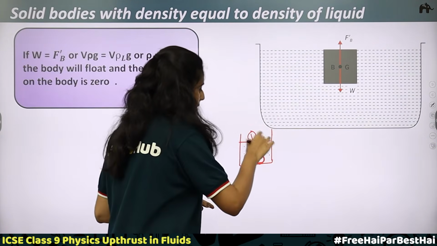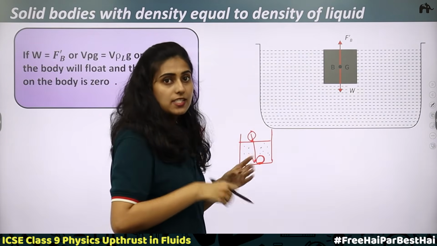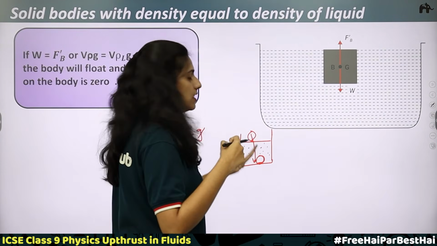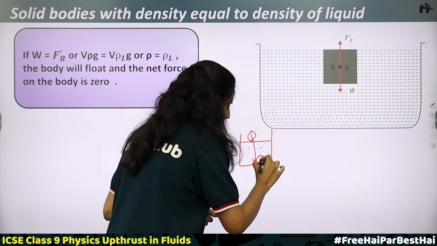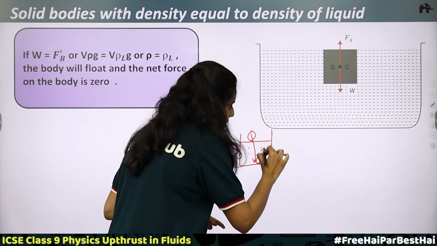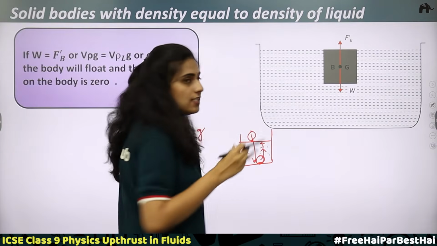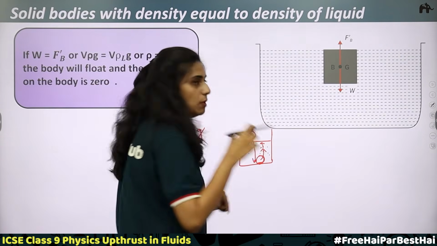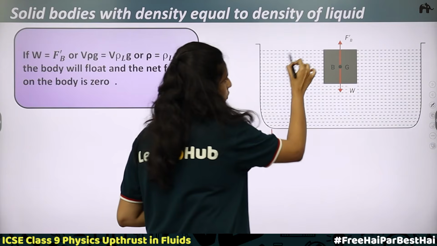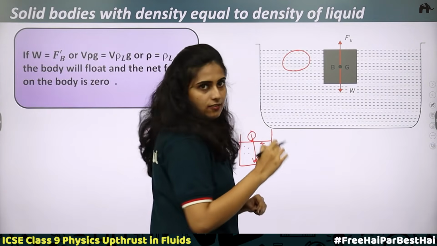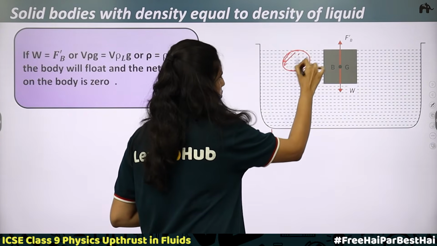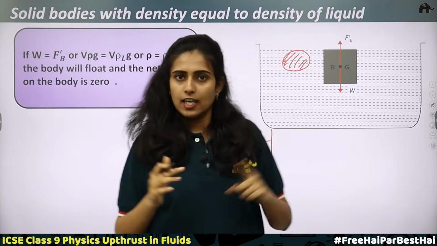Now, as we keep adding salt, what happens? The density of the liquid keeps increasing. When the density increases, slowly the lemon will start rising up. Once the density of the salt water and the density of the lemon become equal, it will float in such a way that it is completely inside the water.